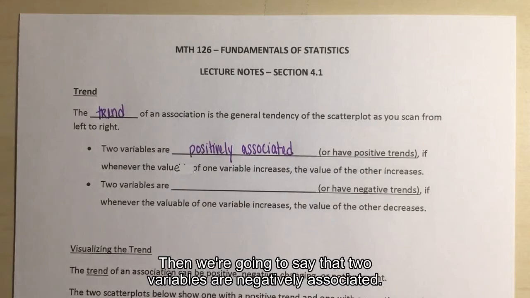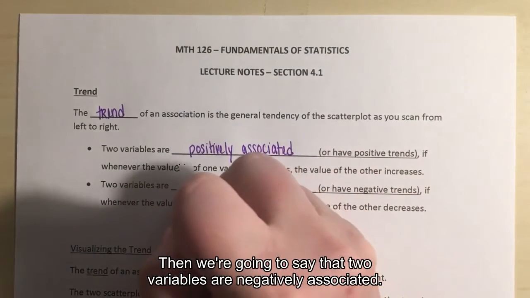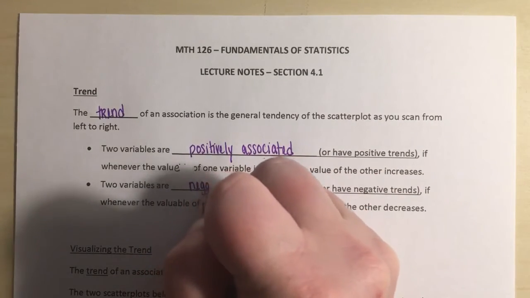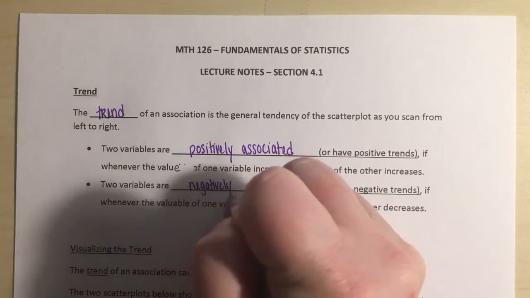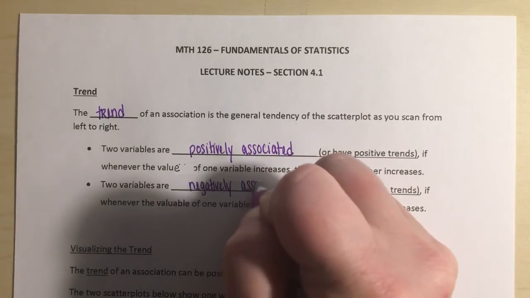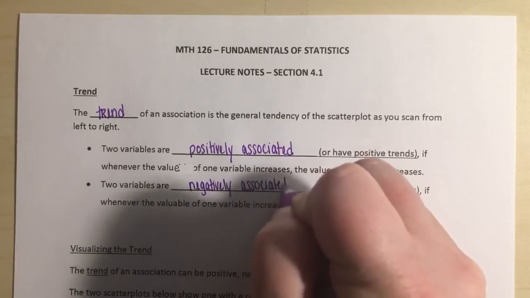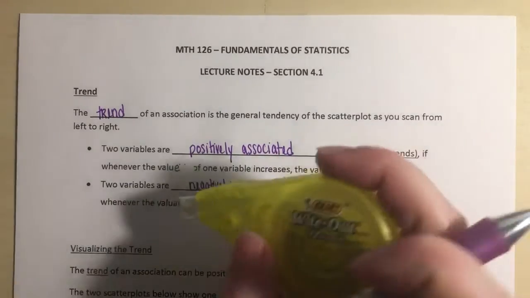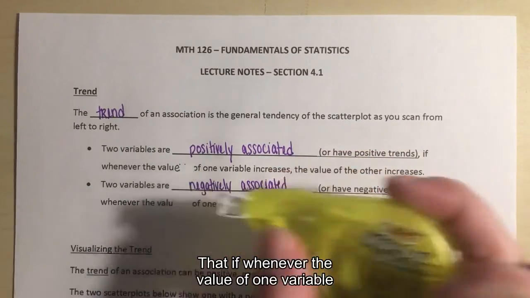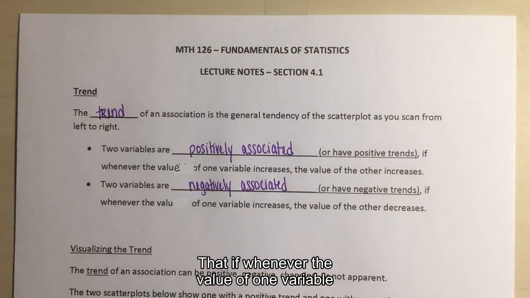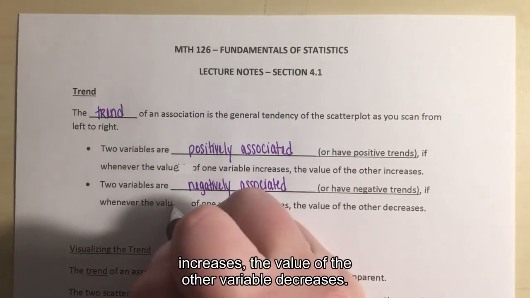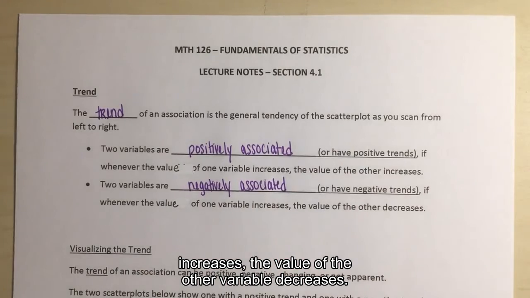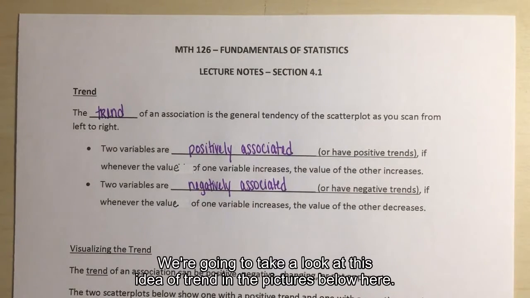And then we're going to say that two variables are negatively associated if whenever the value of one variable increases, the value of the other variable decreases. So we're going to take a look at this idea of trend in the pictures below here.